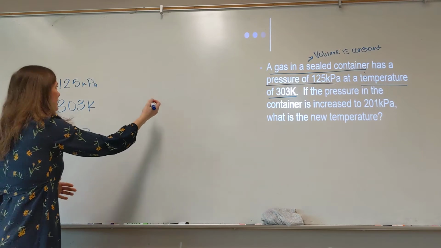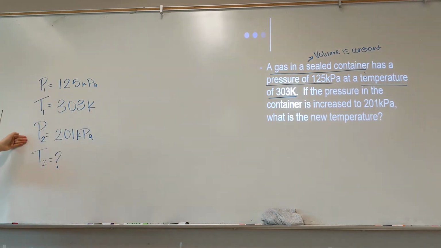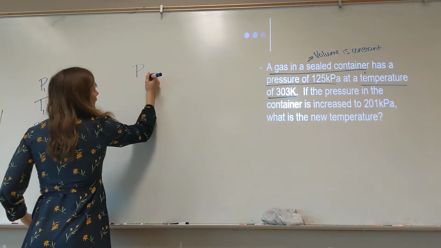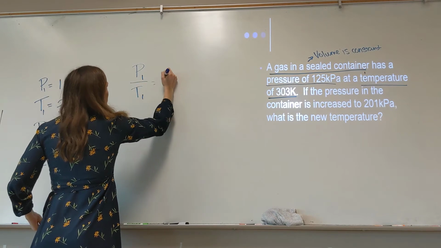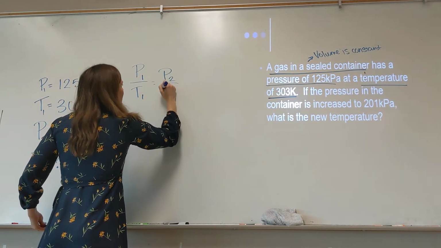If volume is constant and I'm given two pressures and I'm not given two temperatures, but I know I'm solving and I need two temperatures in my formula, then I have to have Gay-Lussac's law. So P1 over T1 is equal to P2 over T2.